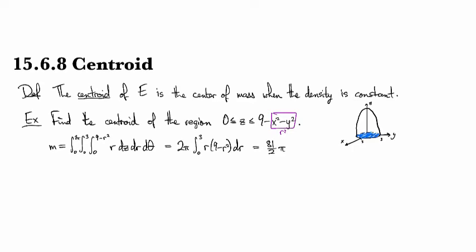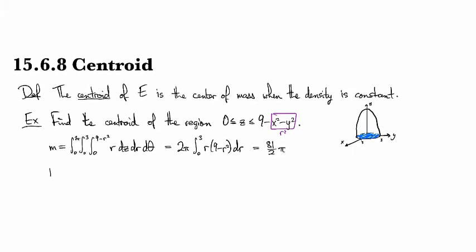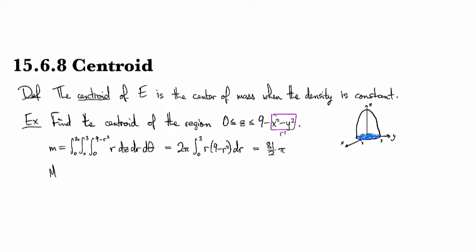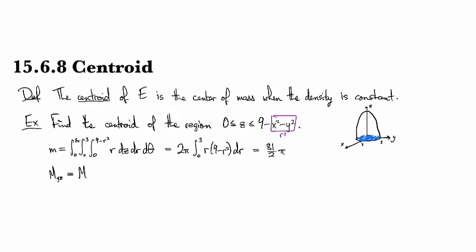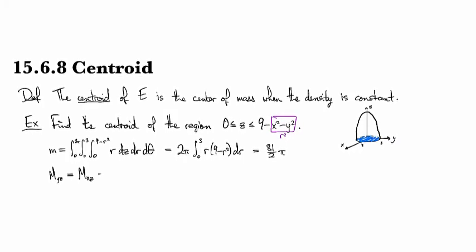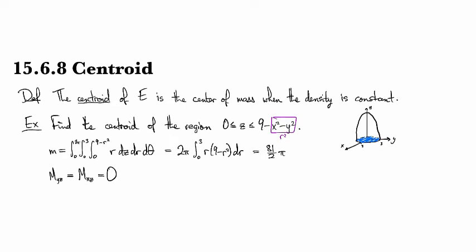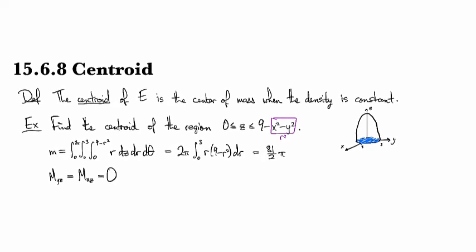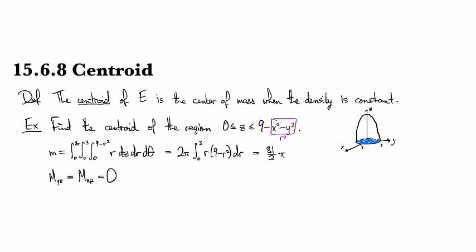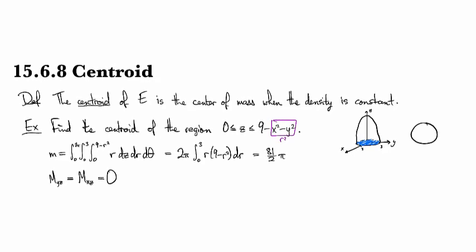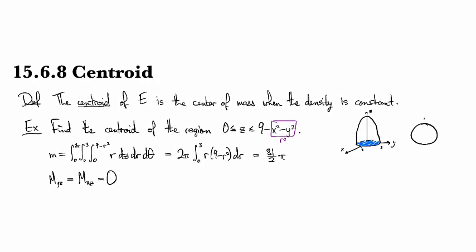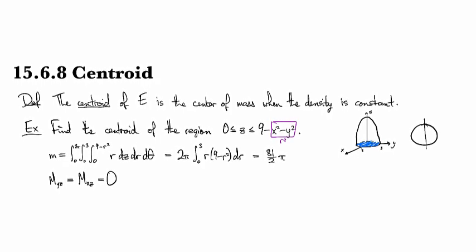Now let's look for our moments. So first off, the x moment is going to equal the y moment is going to equal 0 just by symmetry. You can see that this object, as seen from above, is radially symmetric, and it's constant density.